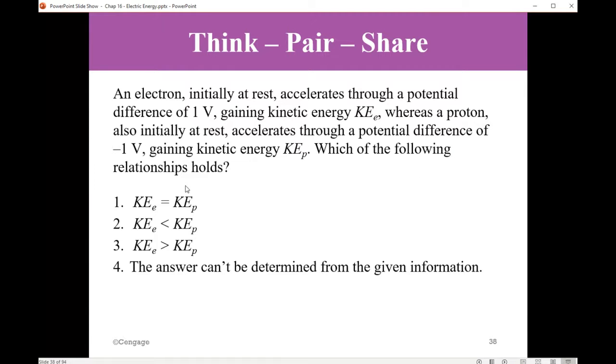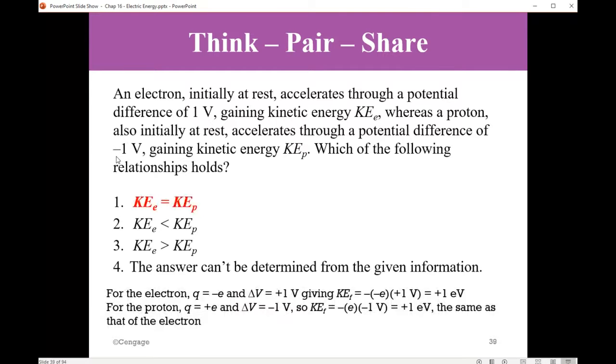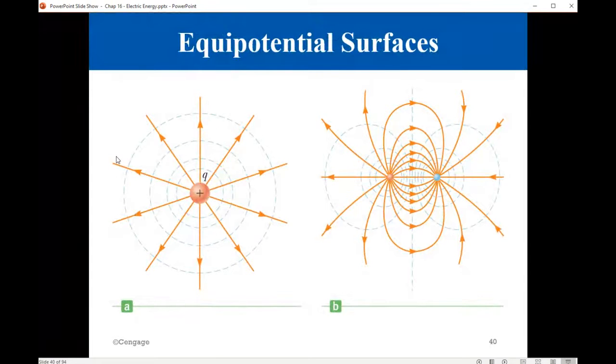As long as the charge magnitude is the same, it is E for both the electron and the proton, and the potential difference magnitude is the same, 1 volt, the kinetic energy change will be the same for the electron and for the proton.